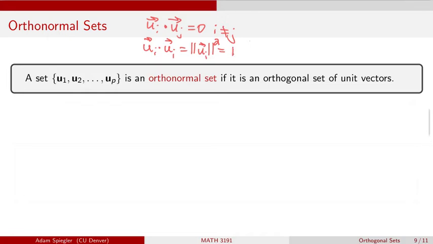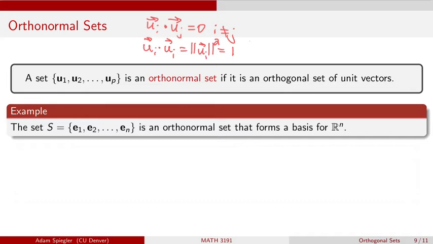One very nice example that we've seen already is that if I take the set S as the set of all of the elementary column vectors from Rn, then this forms an orthonormal set. For example, if we were looking at R3, then the set would be e1 is 1, 0, 0, e2 is 0, 1, 0, and e3 would be 0, 0, 1.